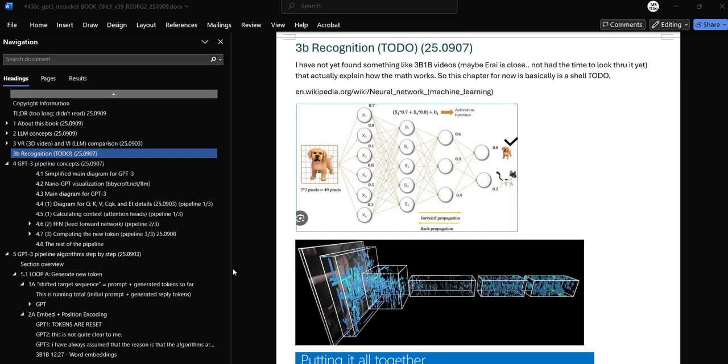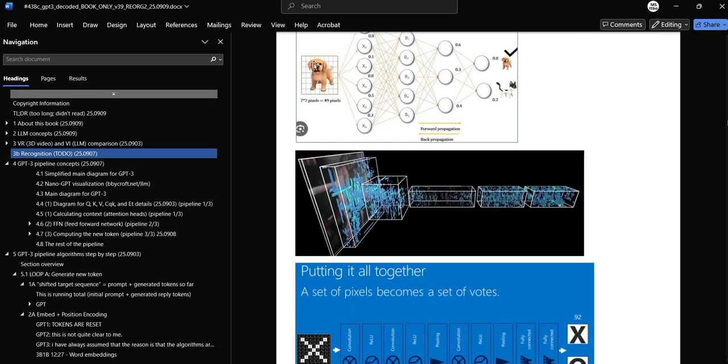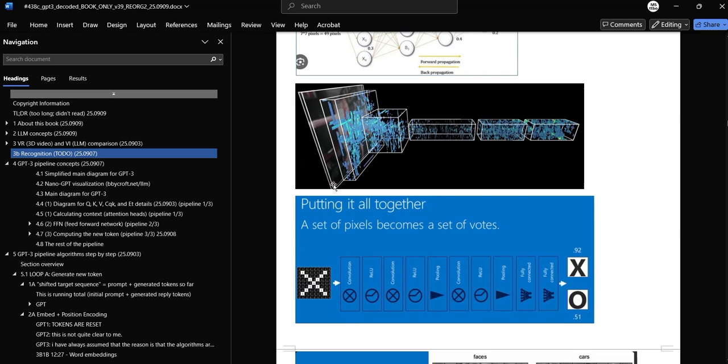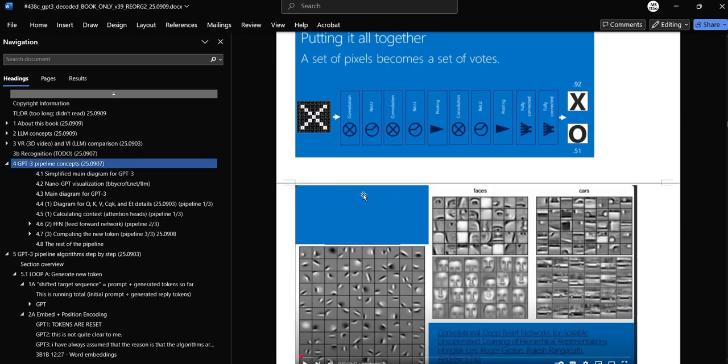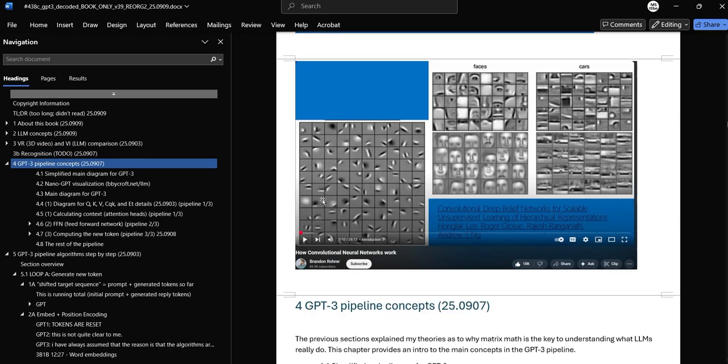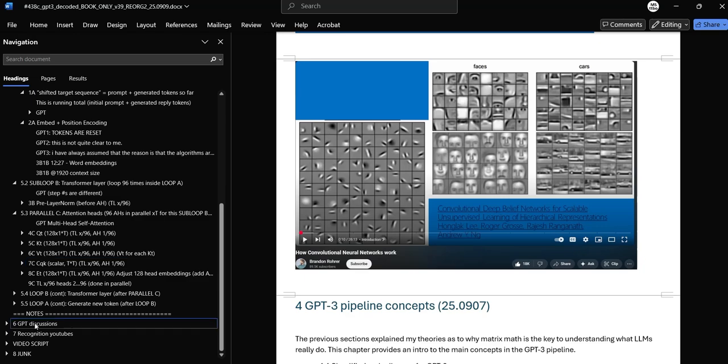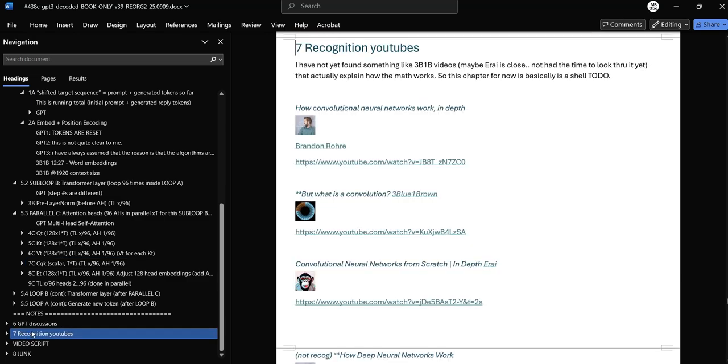So that was the main part of the book, but now let's work our way backwards. There's another section of the book called recognition: recognition of pictures, recognition of text. This is a future part of the book. It's not ready yet. I have my notes here in chapter 7.